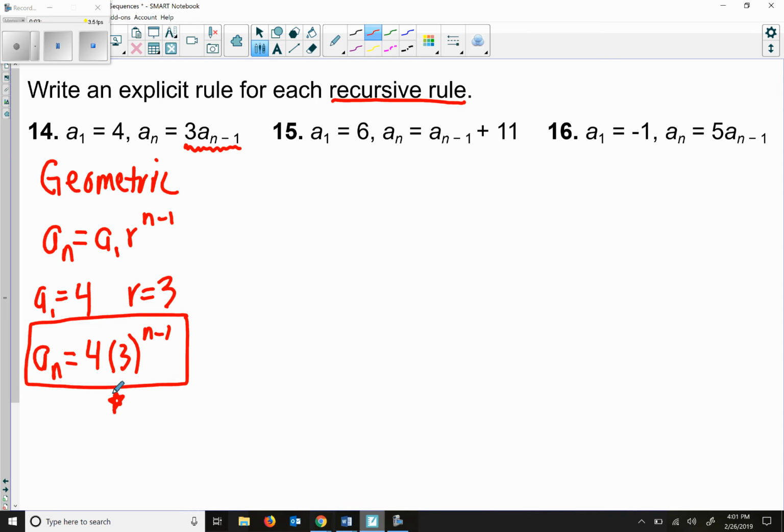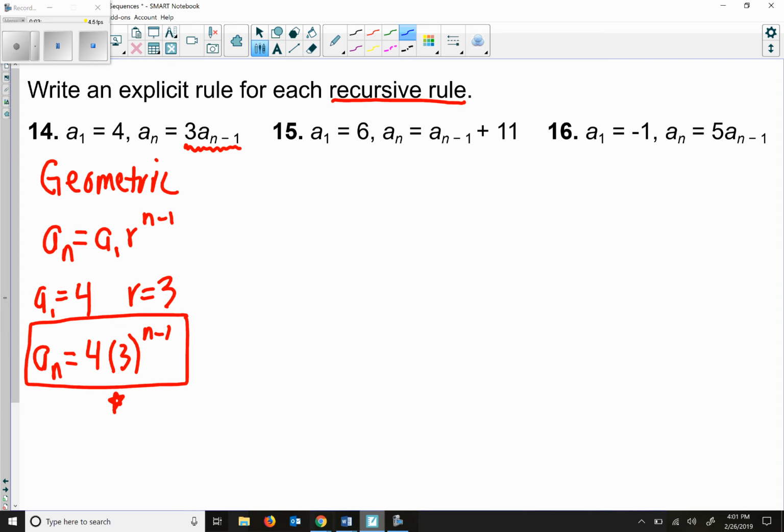I'd just be plugging 135 in for the n in the exponent, and then I would be able to find that term. Easy, no problem. But with the recursive rule, we wouldn't be able to do that. We'd have to find the 134th term in order to find the 135th. So that's one of the big differences here, and just being able to use our skills to go back and forth between the two.